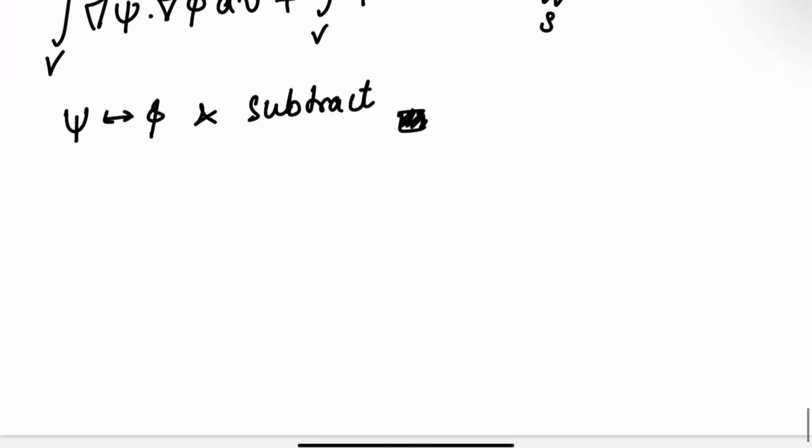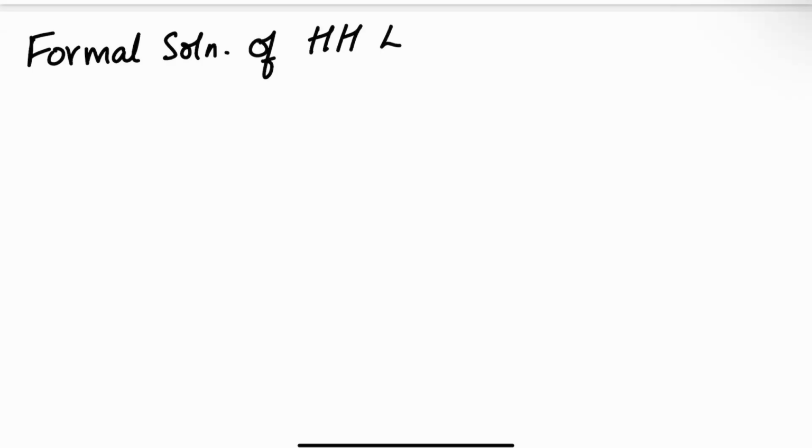All right. So now that we're done with the proof, we can move on and actually use it. So now we want to derive the radiation boundary condition, and that is called the formal solution of the Helmholtz equation. Okay?